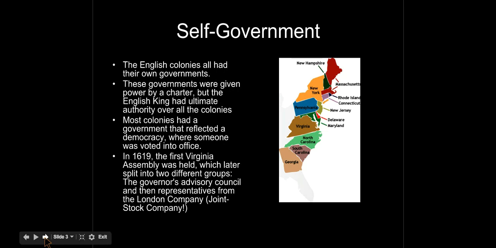Both of these joined to form the House of Burgesses, and Burgesses is spelled B-U-R-G-E-S-S-E-S. So go ahead and make sure that this last bullet point is copied down in your notes. Pause the video if you need to.